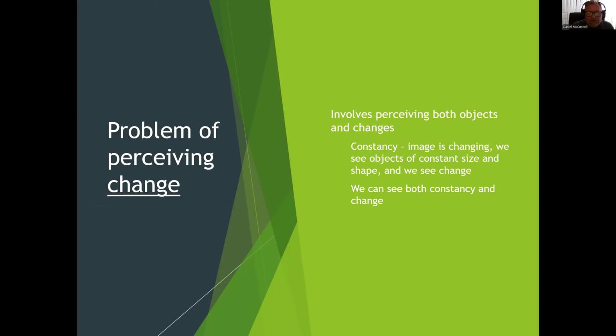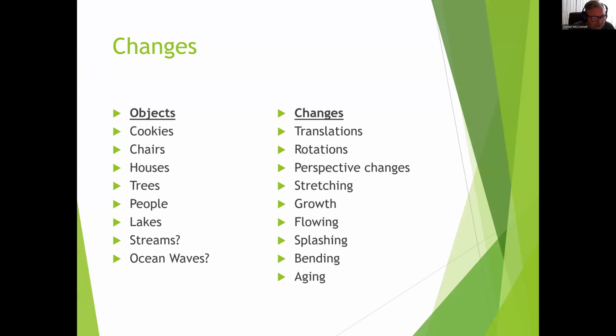And so the claim here now is that maybe what the visual system can do is separately perceive objects and events, or objects and changes, as I have written it here on the slide. That's what we're really going to get into here.